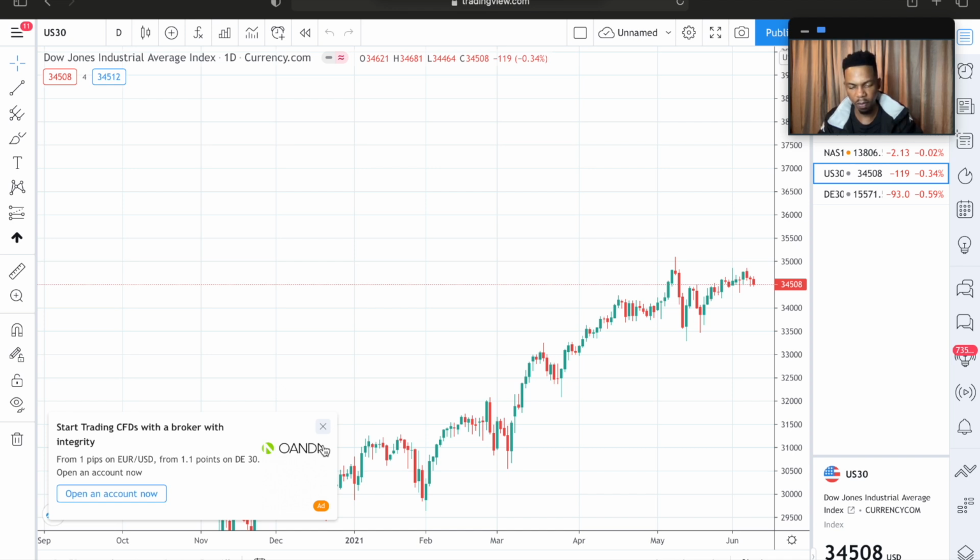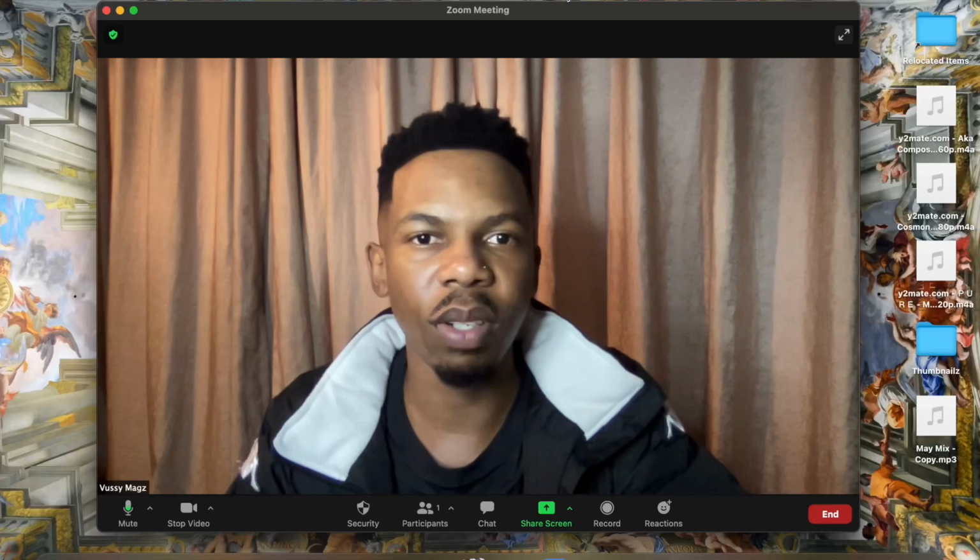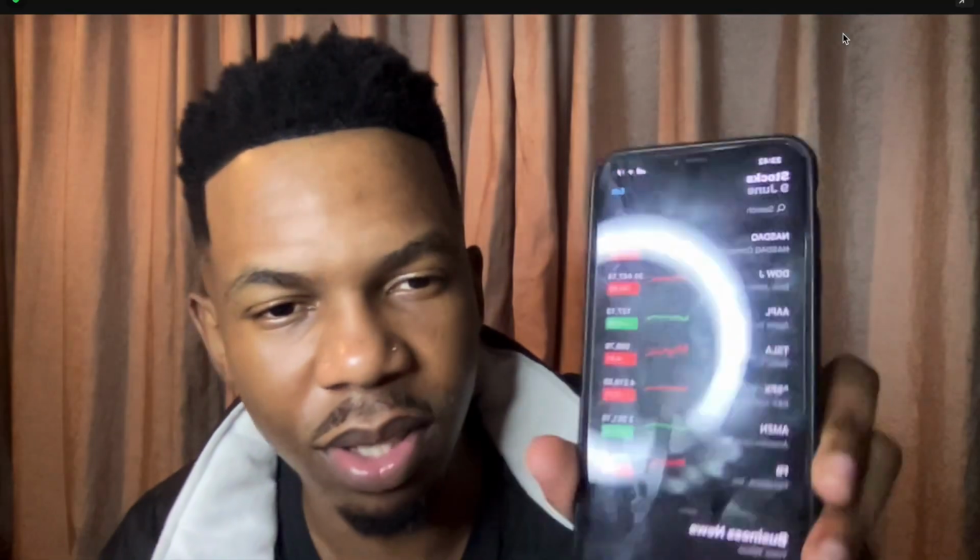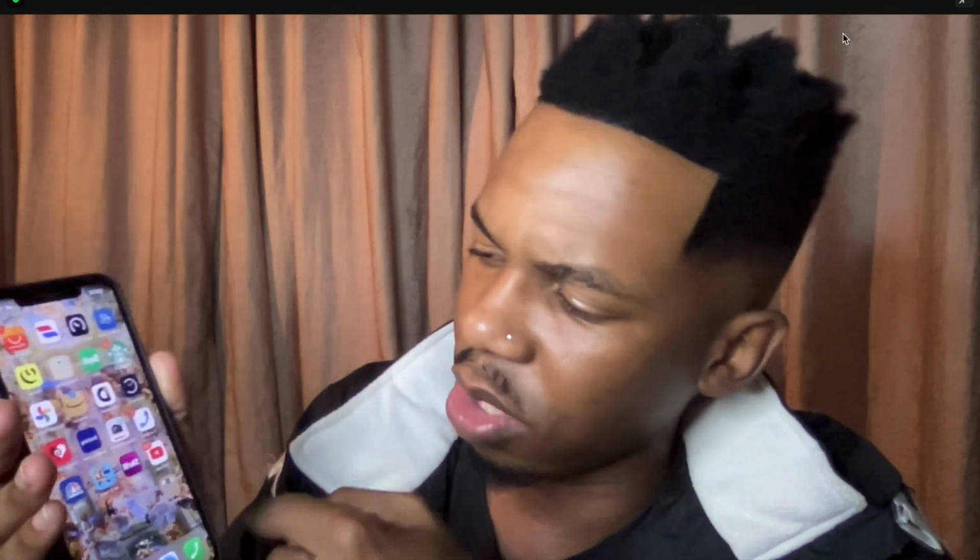Because for me, even if I just go on my stocks app, just like I'm about to show you, I'm just gonna stop sharing for a little bit. You see the stocks app on my phone, right? There's a Dow J there. I'm sure you guys can see. So basically, even if I just go to this app on the stocks, I don't know if you guys have iPhones, and the ones who don't, you can just use the CNBC app, like I told you guys.